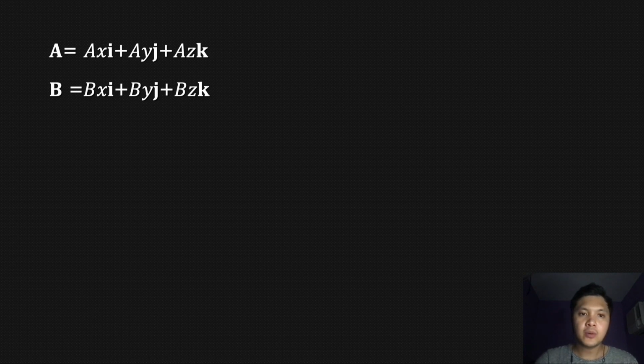If we want to know A cross B, we have to follow this process. Since A cross B is equal to AB sine theta, if theta is 90, sine theta is equal to 1, right?